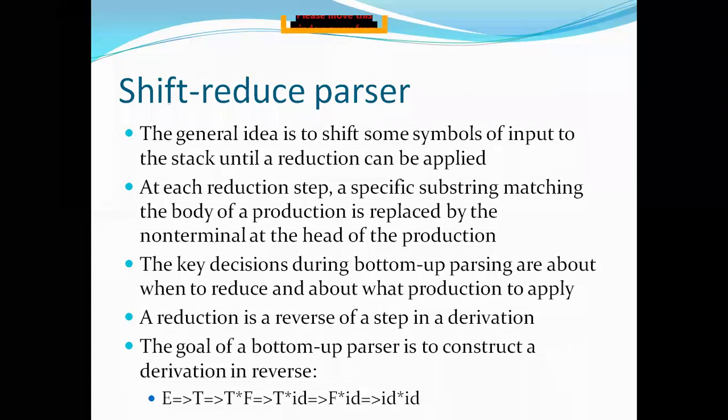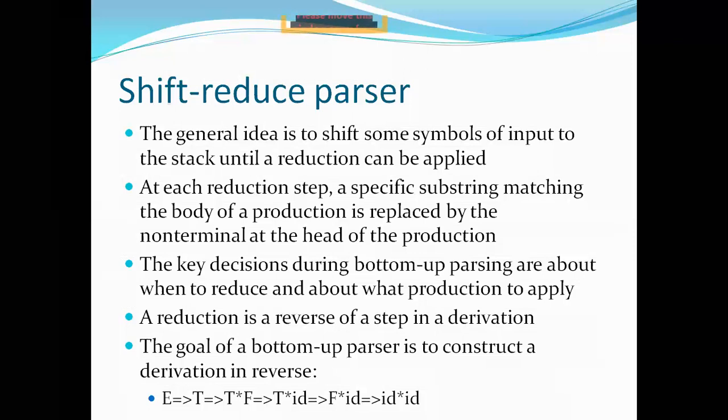And the third one is the accept action. Accept means that finally in the stack the top of the stack is dollar, and in the input buffer we also have dollar. Both are the same, so the given input string is accepted by the particular grammar. That means we constructed a correct parse tree.